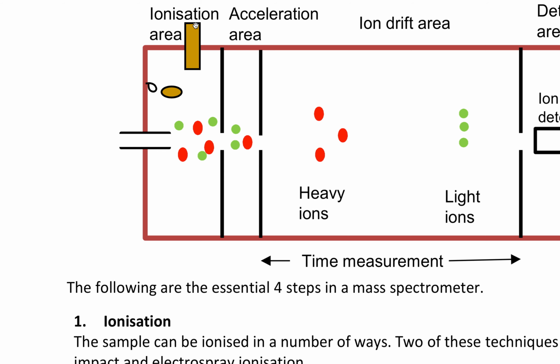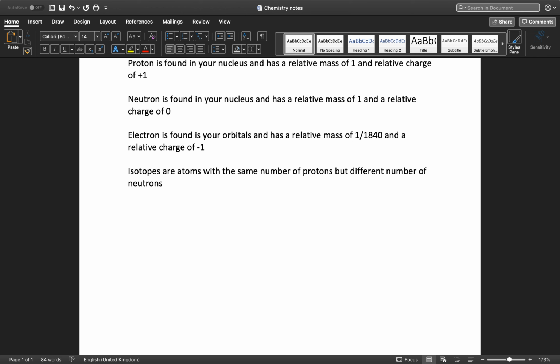An electron gun fires a high energy electron towards your sample, causing an outer electron to be knocked out and released, forming a positively charged ion of your vaporized titanium. So that's one way to ionize your sample. So, time of flight mass spectrometer.